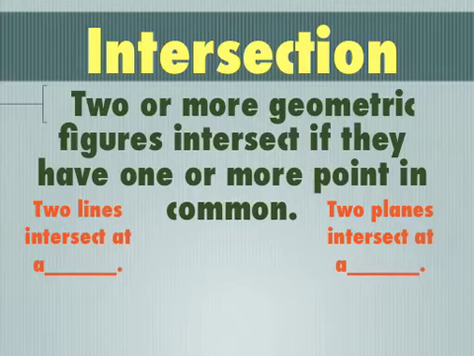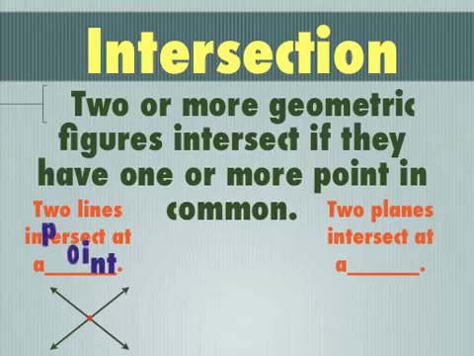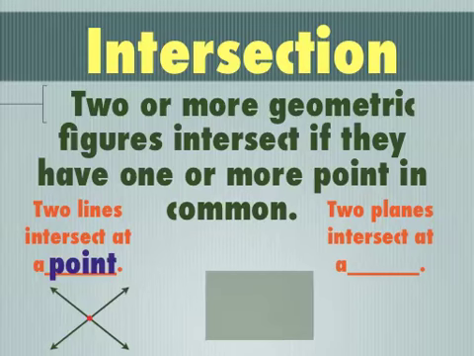Intersection. Two or more geometric figures intersect if they have one or more points in common. Two lines are going to intersect at a point, and two planes, this picture is kind of hard to understand. Again, I've either already shown you an example or will show you an example tomorrow.